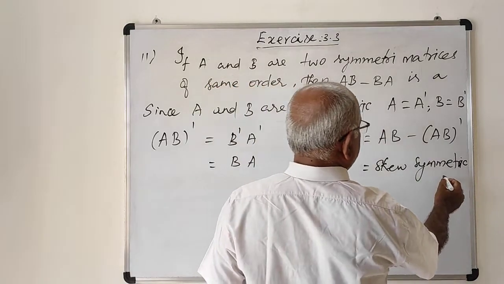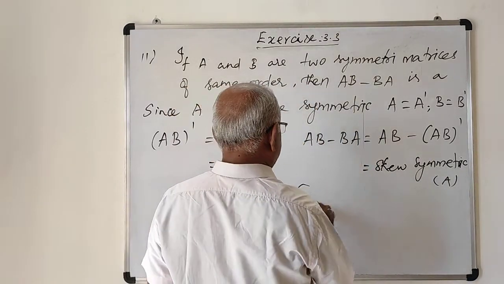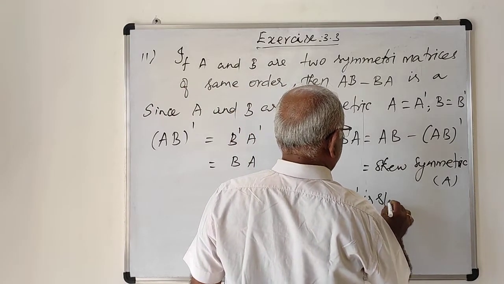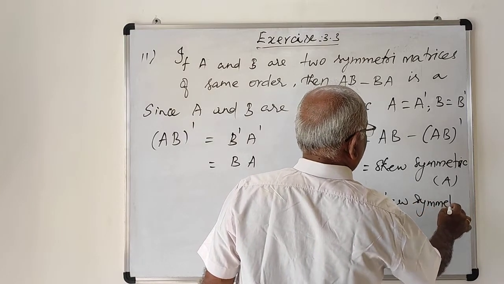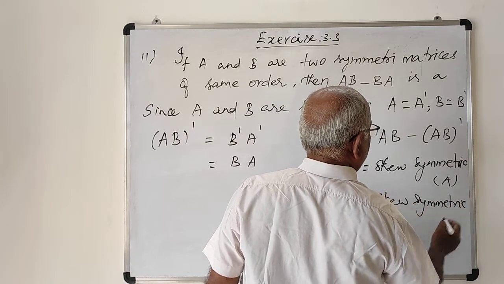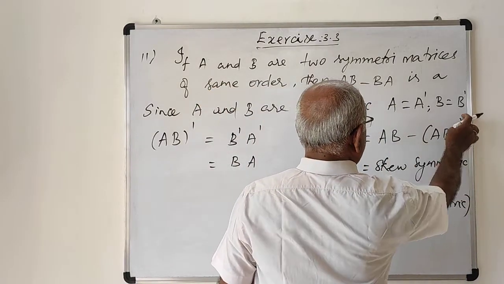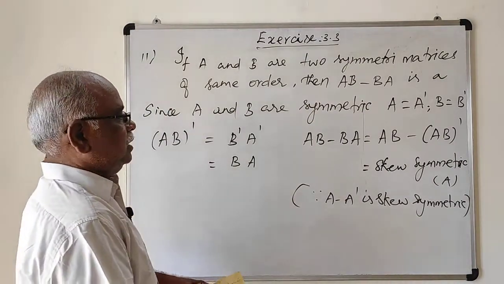This is option A, I think, in the question, because the reason is A minus A dash is skew symmetric. Therefore, AB minus AB dash is skew symmetric. Hence the problem.